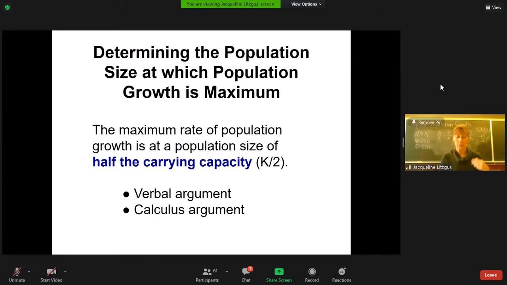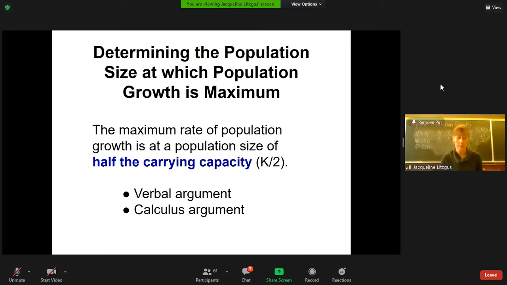So we want to make sure we maximize the individuals produced for issuing the hunting and fishing licenses. Maybe we're looking at an endangered species, and so we want to manage conditions so that the most individuals possible are produced.